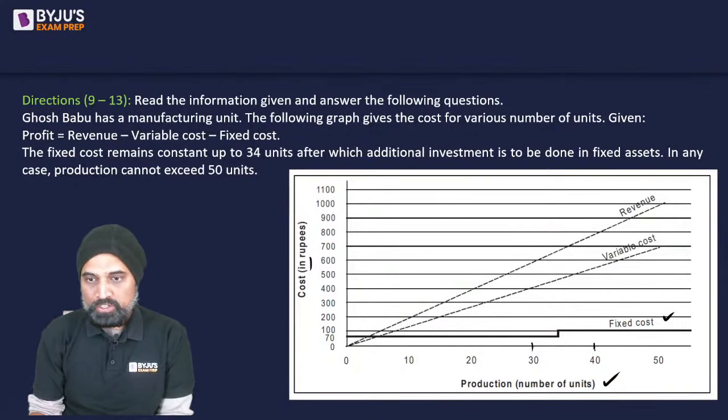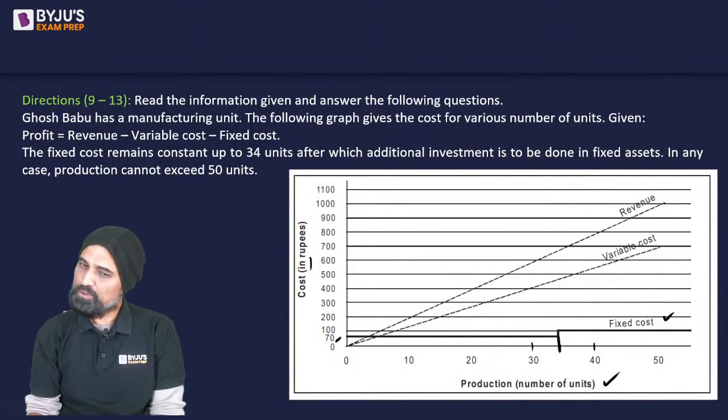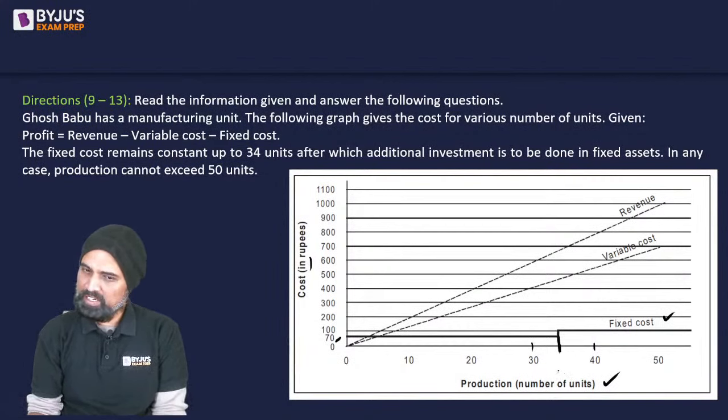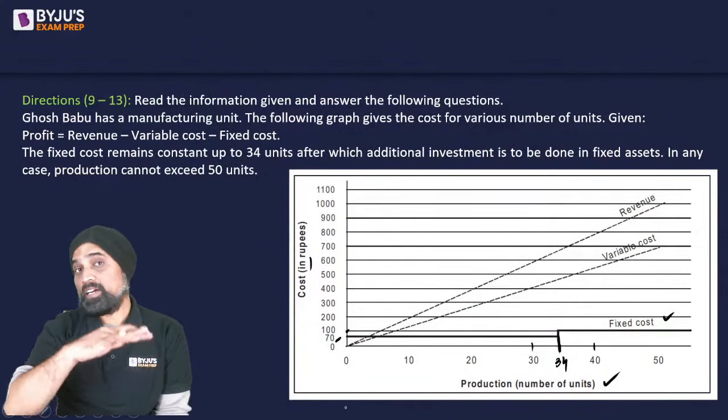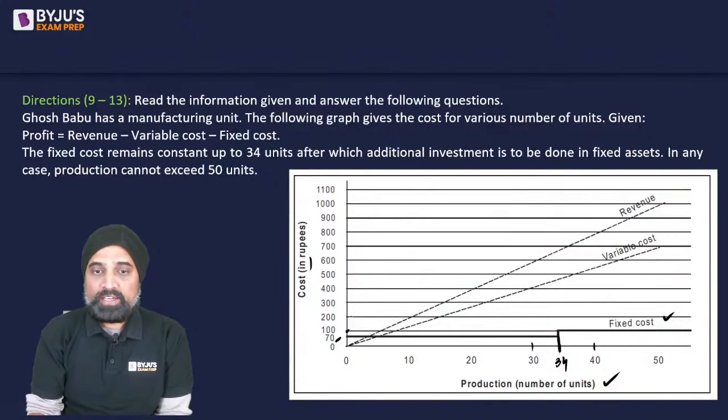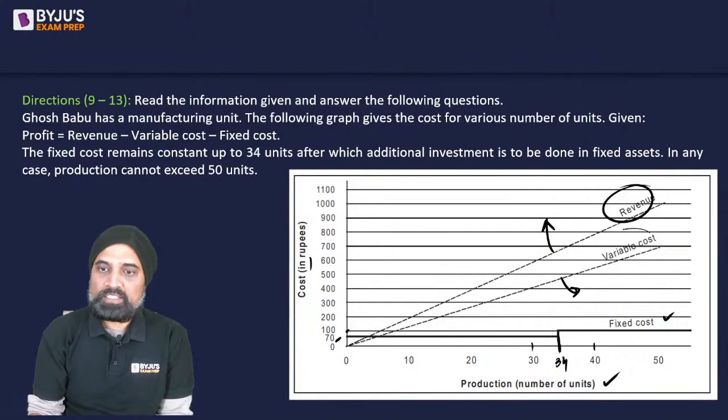So the fixed cost is 70 as long as the total number of units produced is, is it 35? Is it 34? Can't really say. It's less than 35. Let's take 34. Okay. And then the fixed cost suddenly becomes 100 right after we are done with 34 units. Now the revenue increases, the upper dotted line, this is the revenue, and the lower dotted line, this is the variable cost.